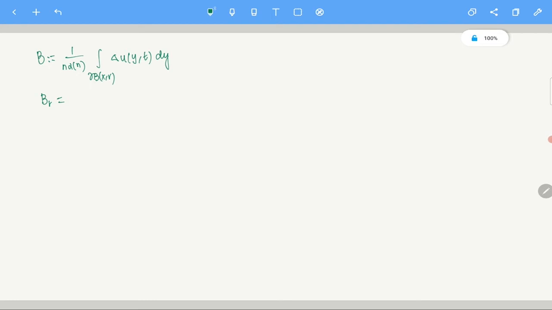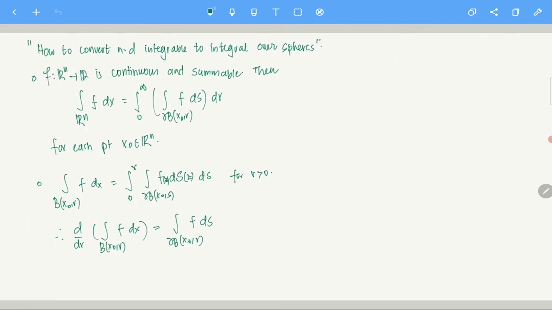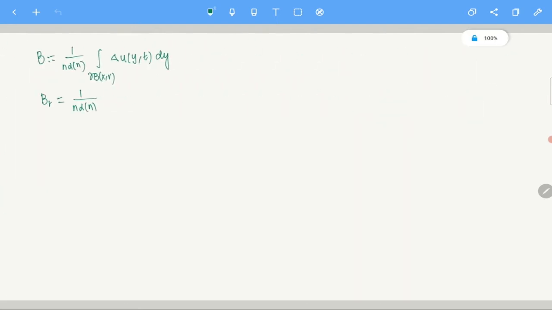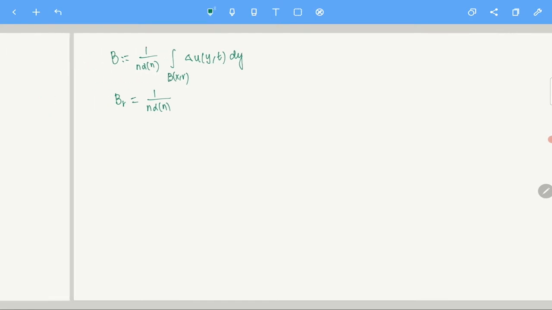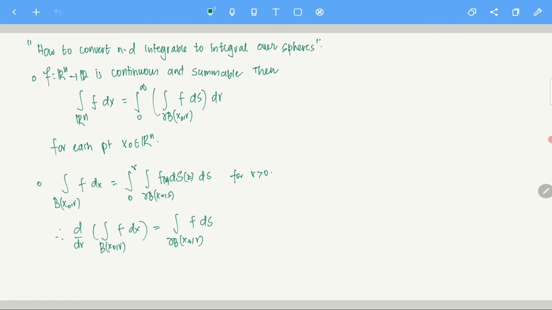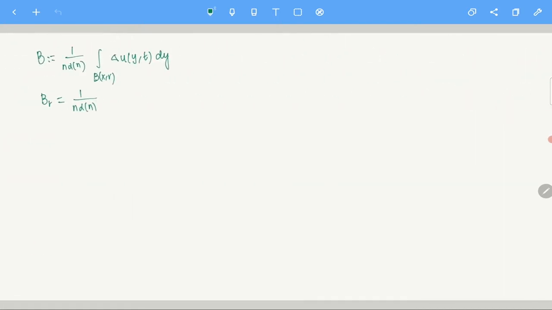Now, by mistake I wrote the boundary; this is over the ball. So the derivative with respect to r of the integral over the ball is the integral over the boundary. So this is the integral over ∂B(x, r) of the Laplacian of u(y, t) dS(y). Clear? That's the only change.